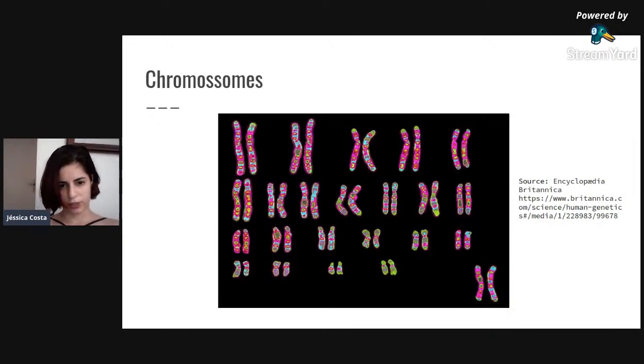In some situations, there can be extra chromosomes. It causes some syndromes, but it's not the topic here, though it's important to mention this situation. So some people can have more chromosomes, depending on the situation. This photo's source is the Encyclopedia Britannica.